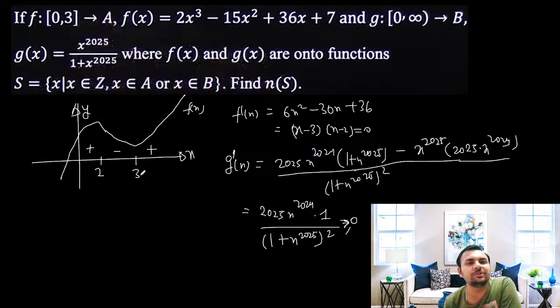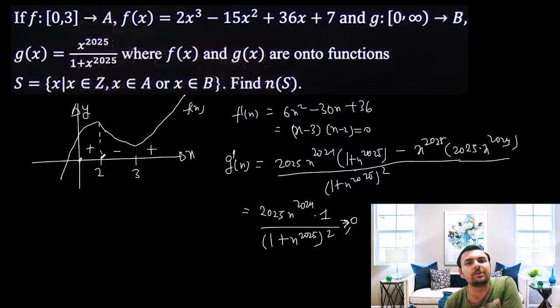So at x equal to 0, it is 0. At x tending to infinity, it is going to 1.